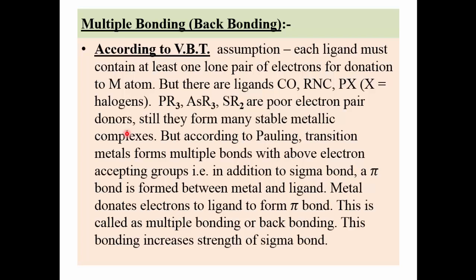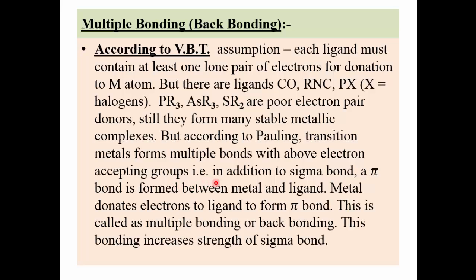But these are ligands which are poor electron pair donors. Still it is observed that these form many stable metallic complexes. How is this possible? According to Pauling, the transition metal forms multiple bonds with these accepting groups.